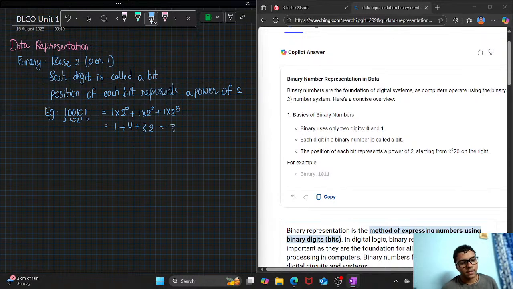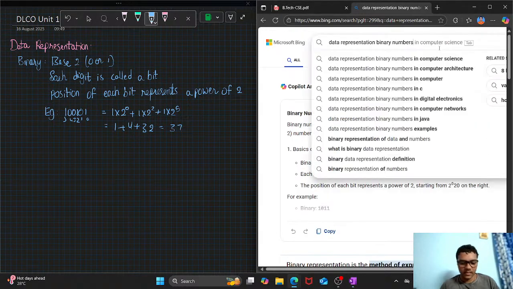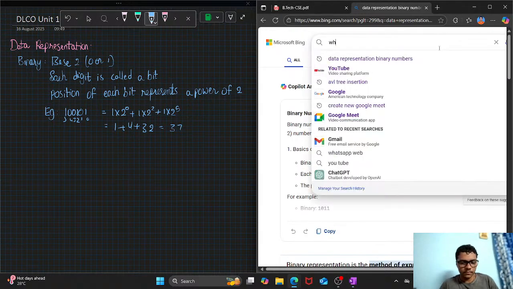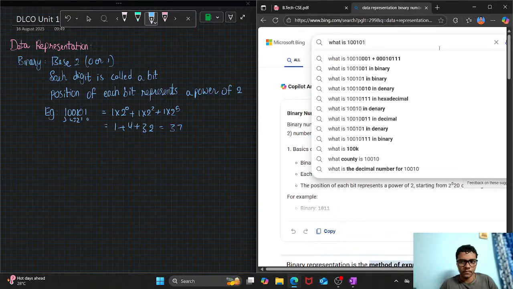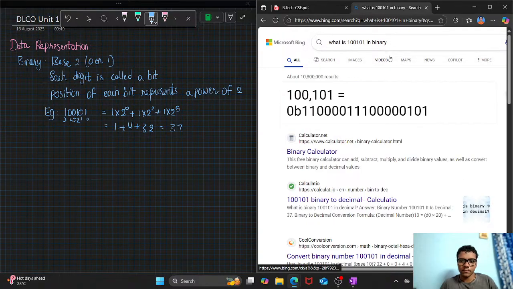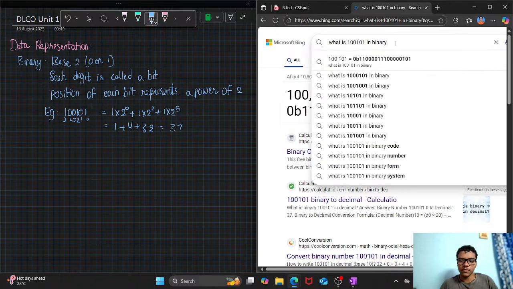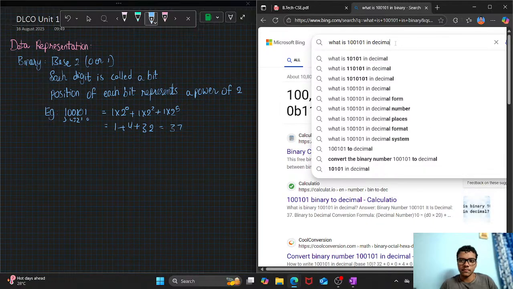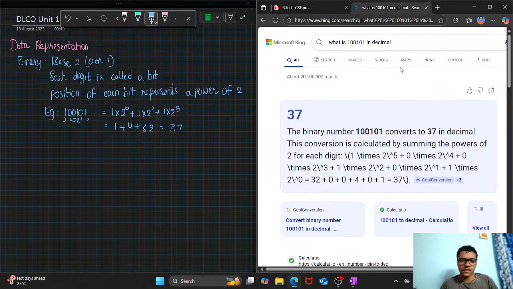So 37. This should be 37 according to binary, in decimal. Oh, my bad. 37, sure.